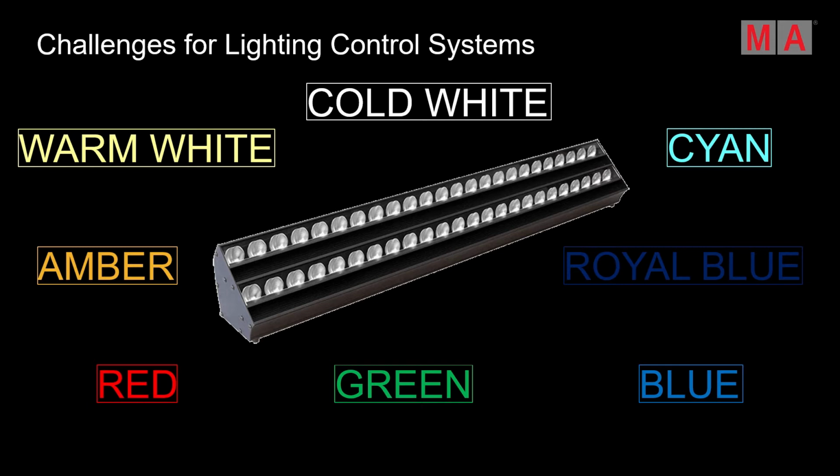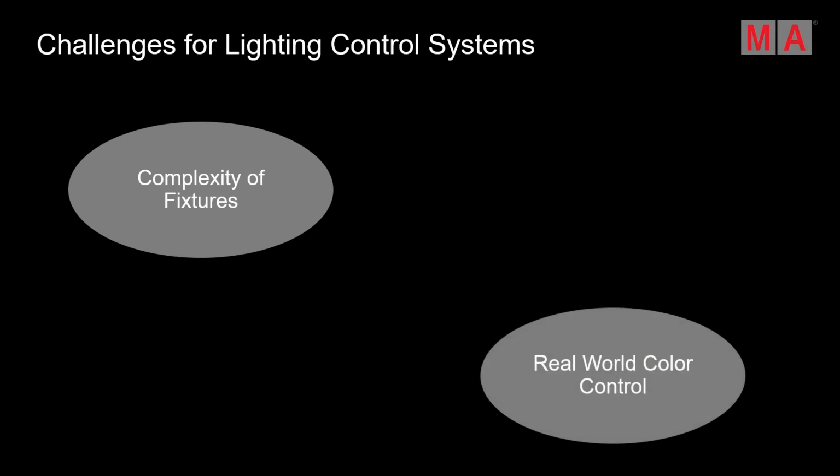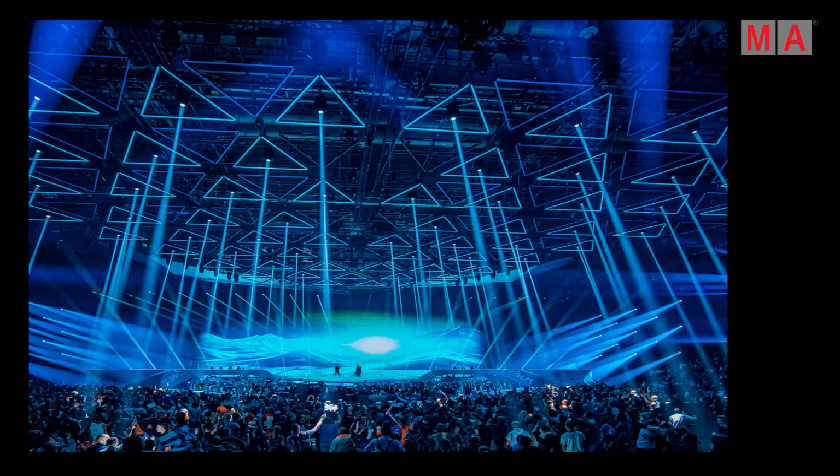Of course you can see that the color mixing with the different color attributes is getting more and more complex, and of course you will lose some overview in your system, because you do not only have 3 different color attributes, but you have 7, 9 or 13 different color attributes. So the next challenge to take care of the different color attributes is a real-world color control. We will see some solutions later on.